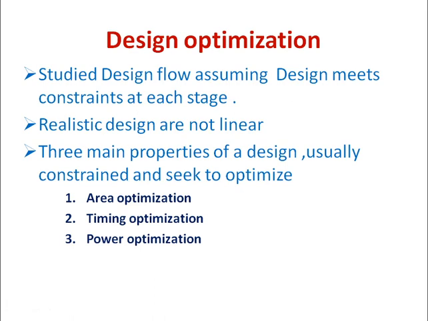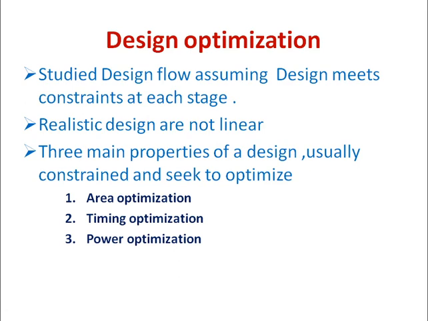Thus, realistic designs are not linear, starting with design concepts and leading directly to final implementation. Instead, they are cyclic, with the design evolving as more back-end implementation detail informs design choices made in front-end stages.